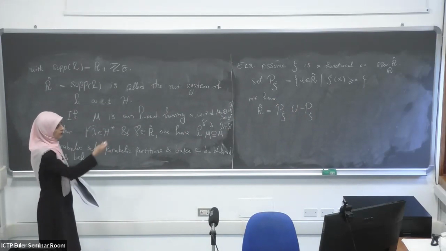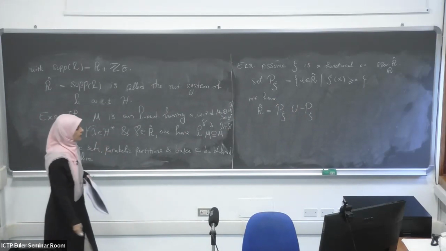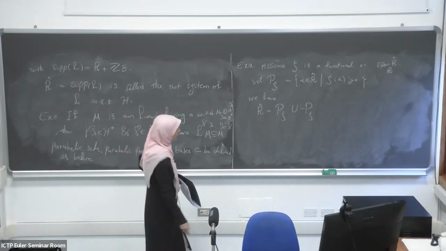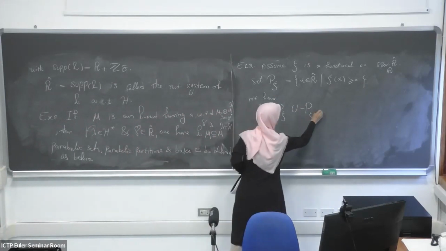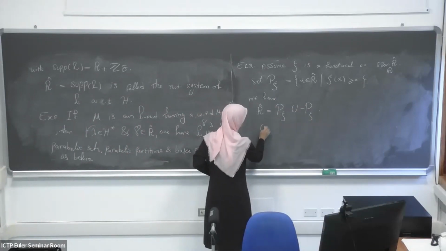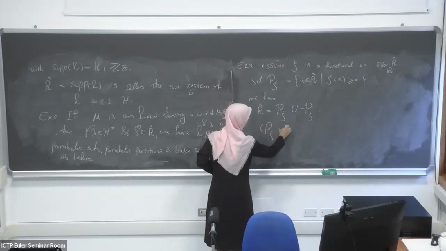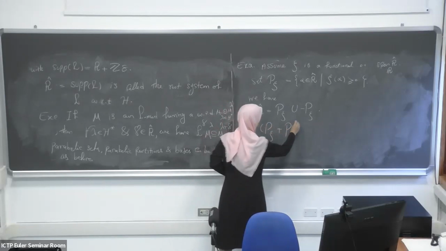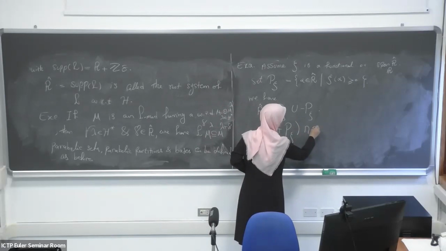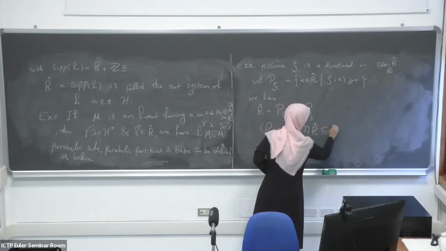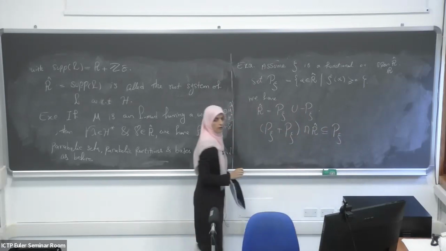So R hat is the union of P zeta and minus P zeta, and it is clear that P zeta plus P zeta intersection R hat is a subset of P zeta, right?